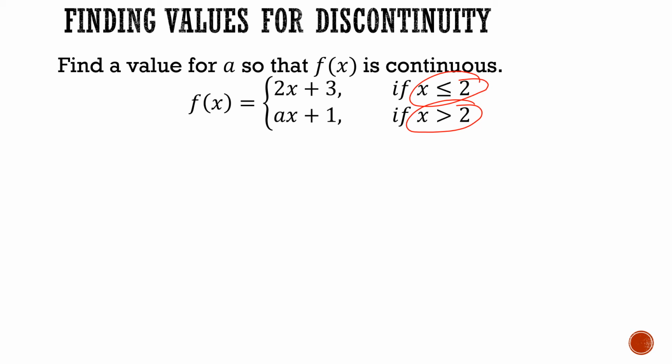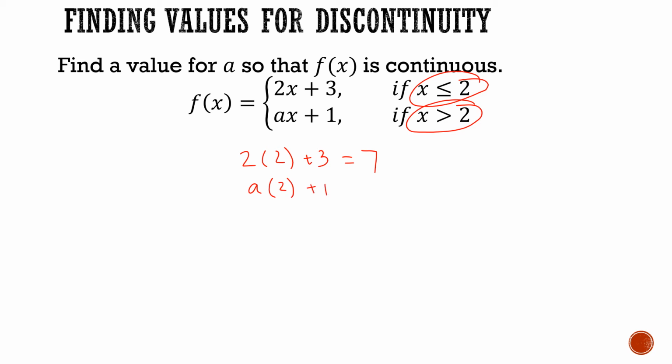So basically what I'm saying is when I plug in 2 into the function, I want to make sure that I'm getting the same number out when I plug it into the top and when I plug it into the bottom. So when I plug in 2 into the top, I get 2 times 2 plus 3. That's 4 plus 3, which is 7. All right, then I can plug it in the bottom, and I get a times 2 plus 1.